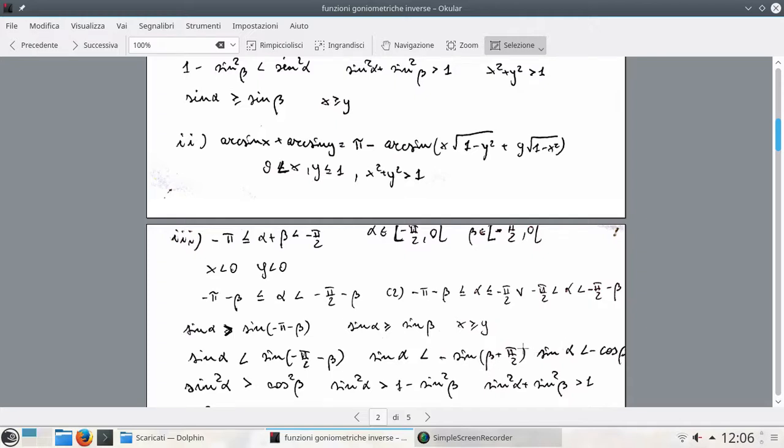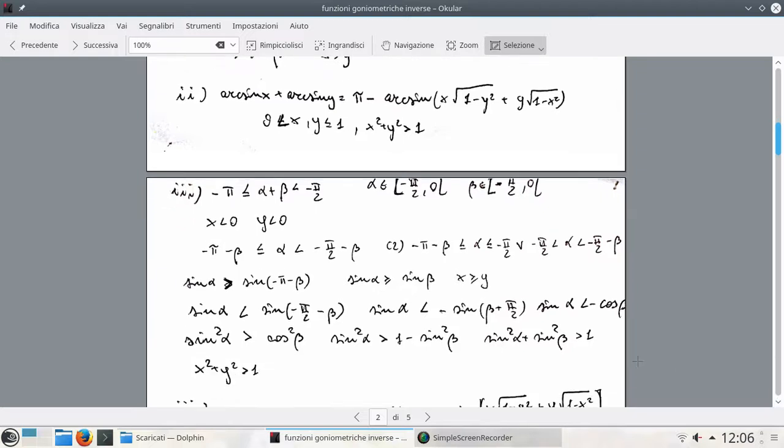So we have sine alpha less than minus cos beta, and taking into account the sign of sine alpha and minus cos beta, we have sine square alpha greater than cos square beta.